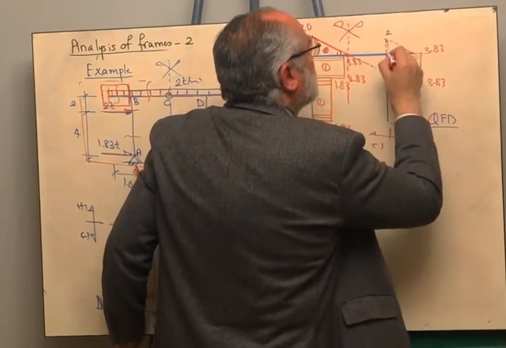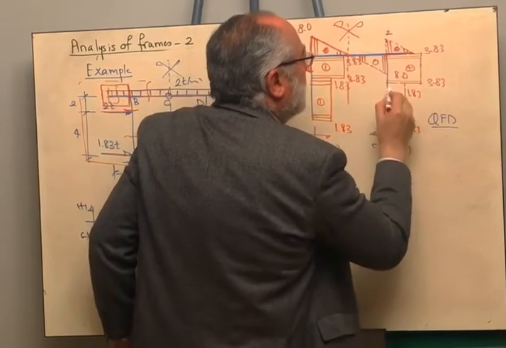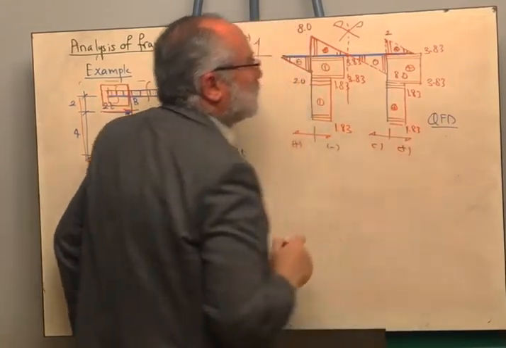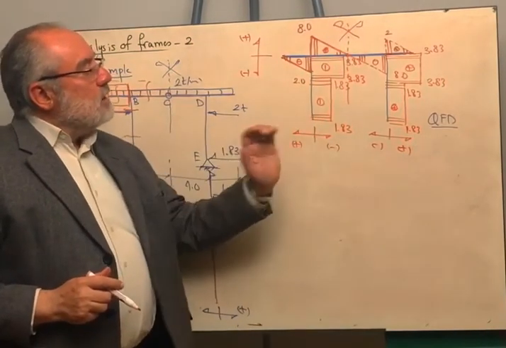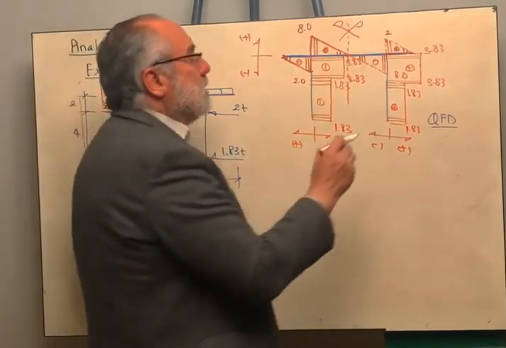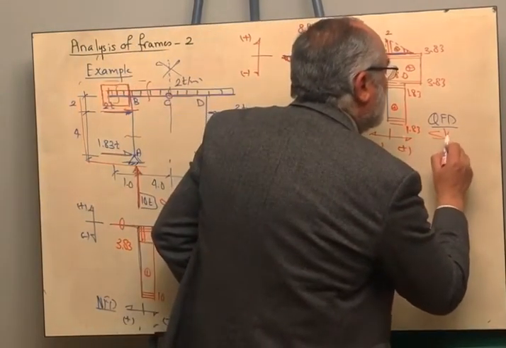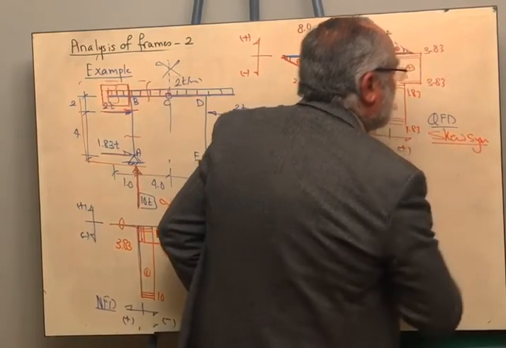So this is positive, positive, negative, and positive. So you can either draw the left-hand side only, as we said, and you draw the indication of a skew symmetric diagram. Always the shear is skew symmetric.